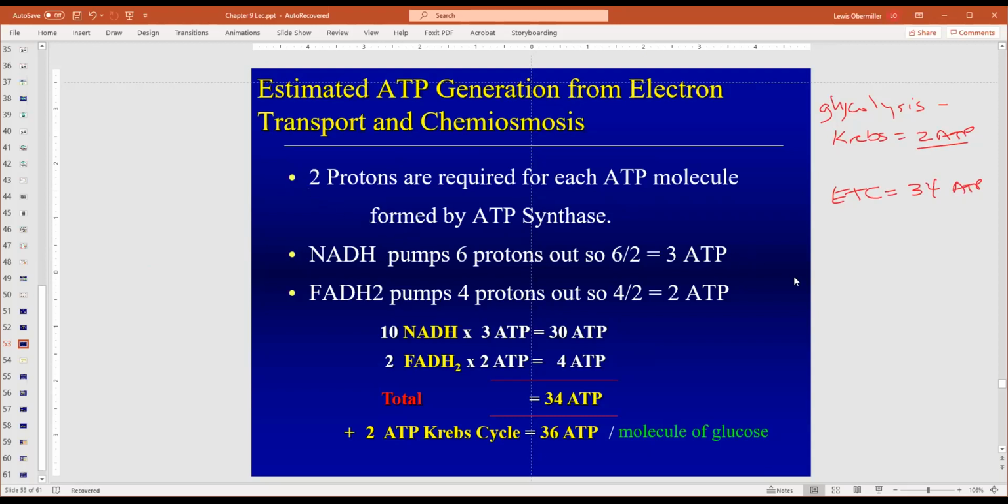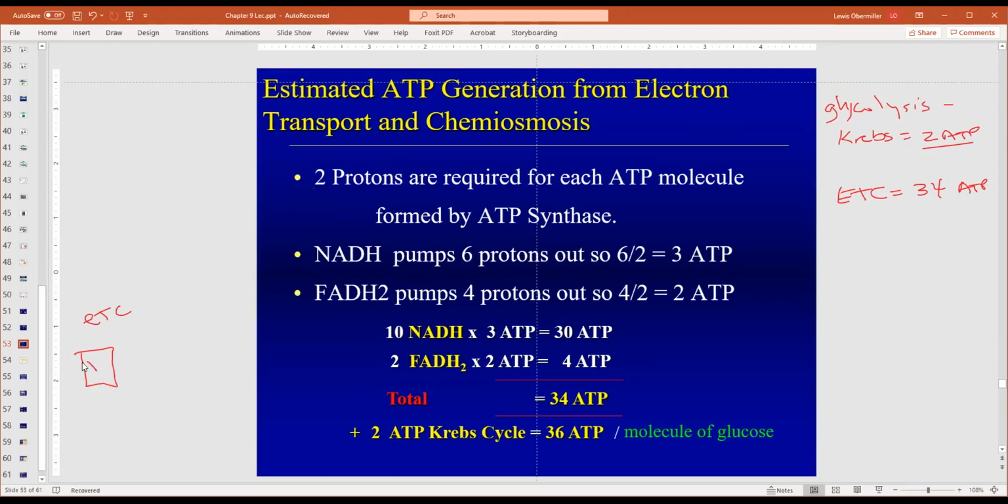So remember, in the electron transport chain, we have complex 1, and then 2 doesn't span the membrane. And then we have coenzyme Q and complex 3, and then we have cytochrome C and then complex 4.